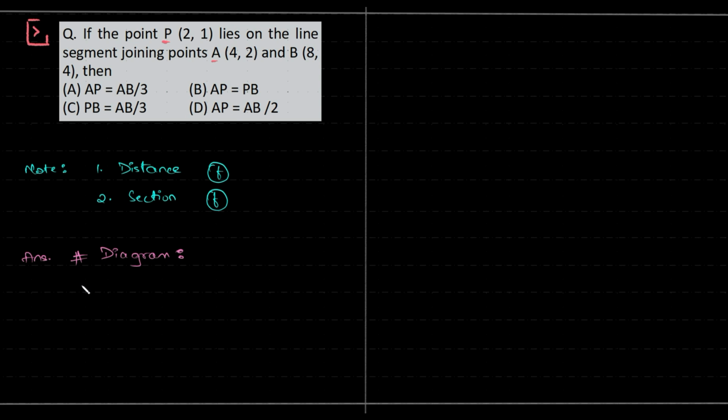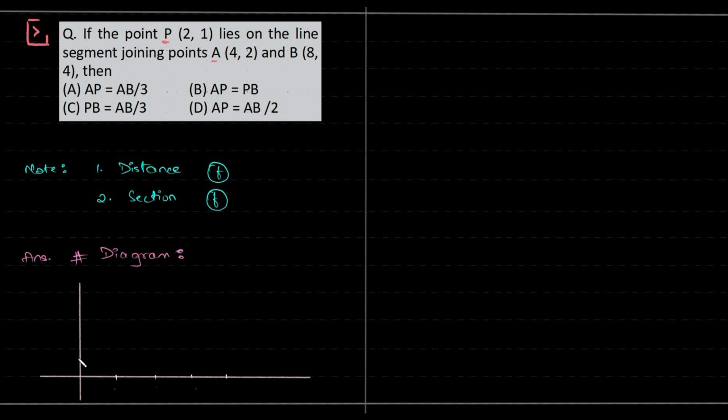Here we can see clearly that all the points are in the first quadrant. So the values are 2, 4 and 8. I'll make a scale, something like that. So this is 2, 4, 6 and 8.